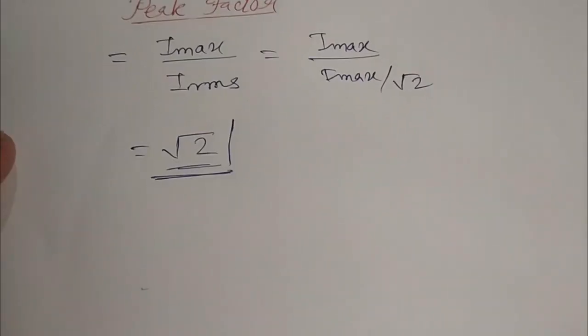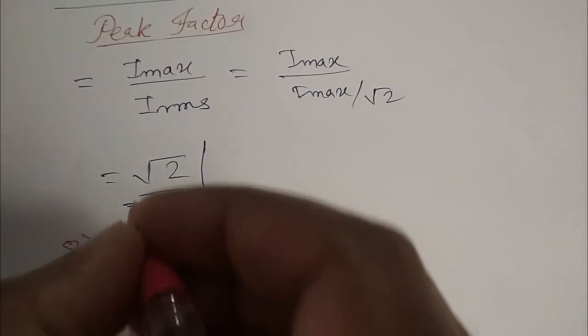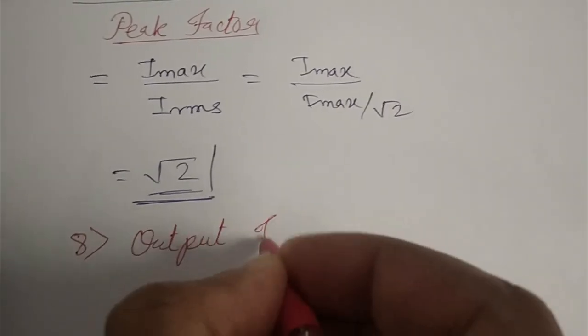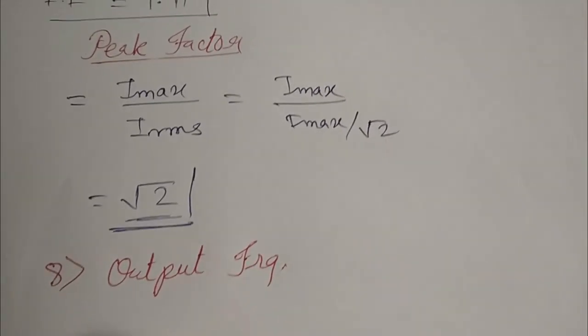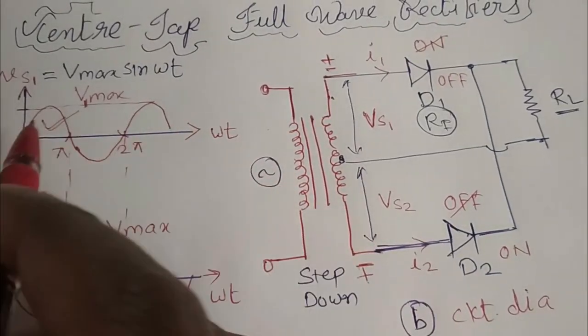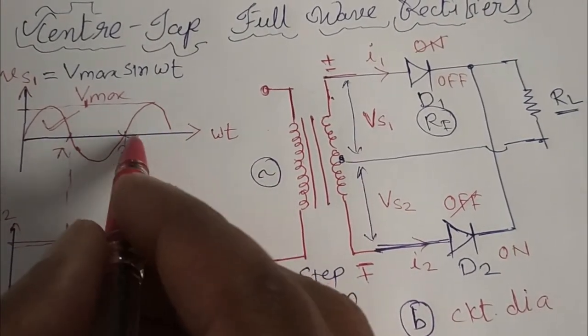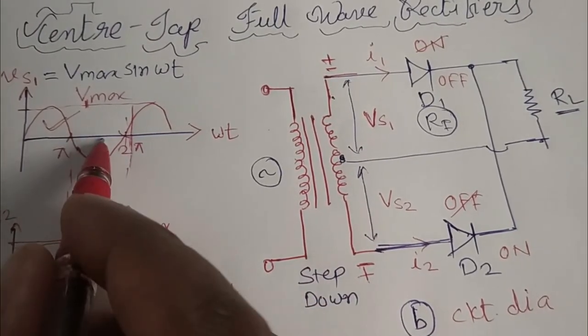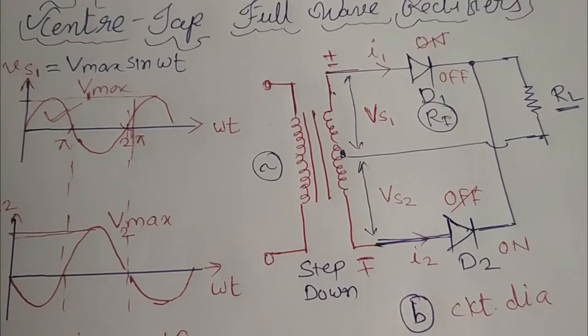Next we have to see output frequency. What will be the output frequency? Output frequency for a half wave rectifier is the same as the input. What will be the output frequency for full wave? Here you can see in the waveform. At input we have some frequency f. In one cycle we have one positive and one negative part, from 0 to 2 pi.